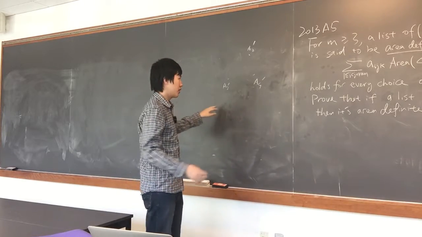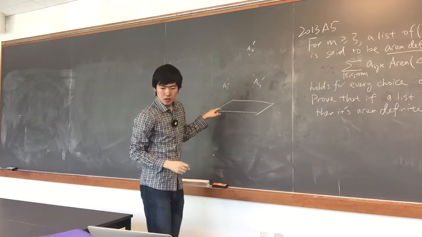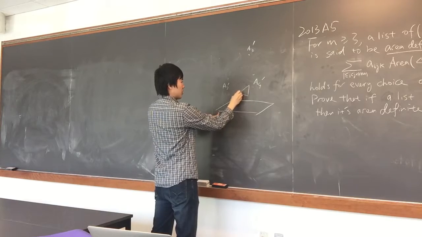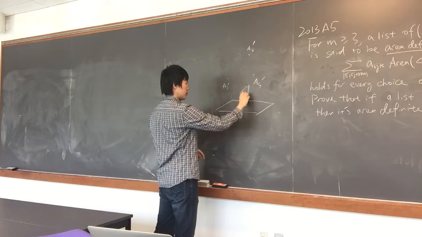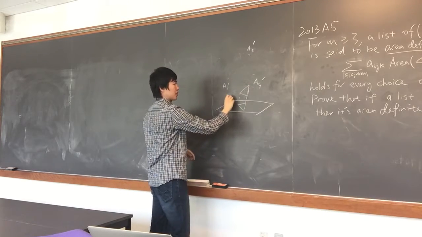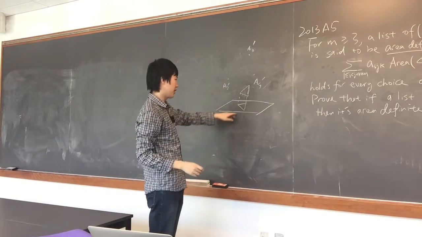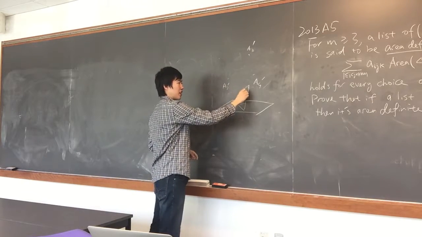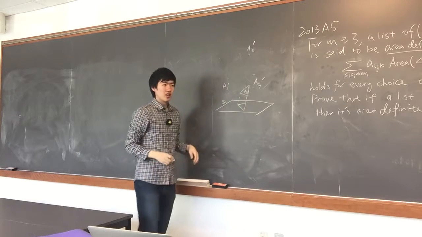Let's say we have a triangle somewhere in R3, and then we do the projection. This also lives on a plane somewhere, because every 3 points define a plane in R3. So what is the area of this? Let's suppose this is A, and let's suppose the angle between these 2 planes is theta.